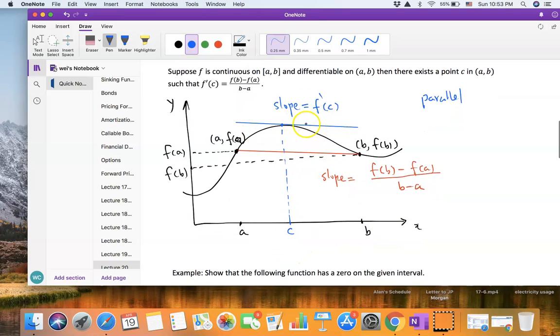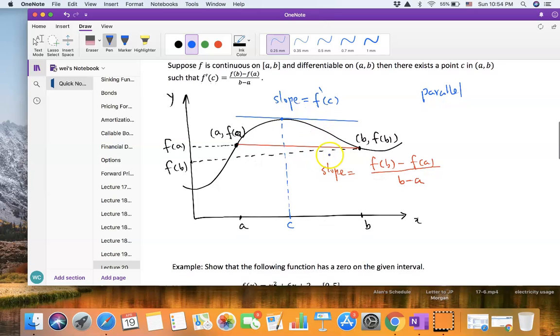Now, since these two straight lines have the same slope, therefore f prime of c equals f of b minus f of a over b minus a.